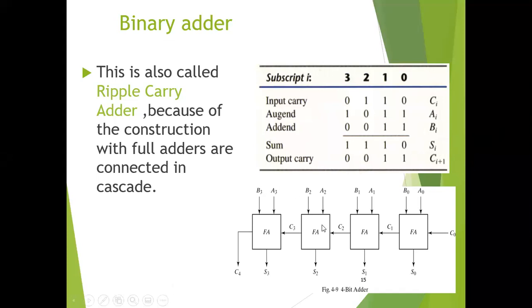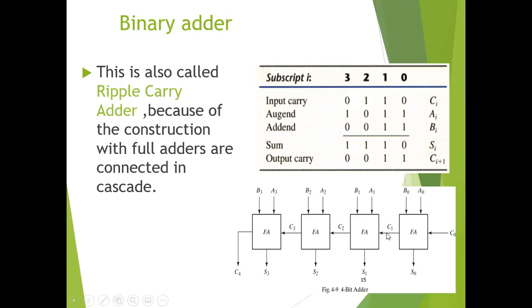You can see that the output carry is connected to the input carry of the next. This is a full adder circuit with two binary inputs, one sum output and one carry output, with an input carry. Initially we can assume it is C0.